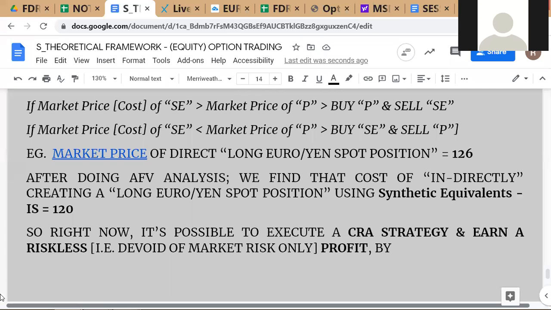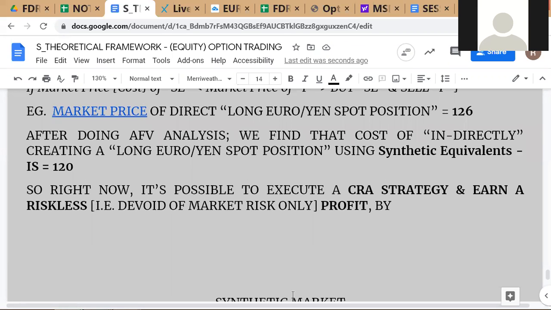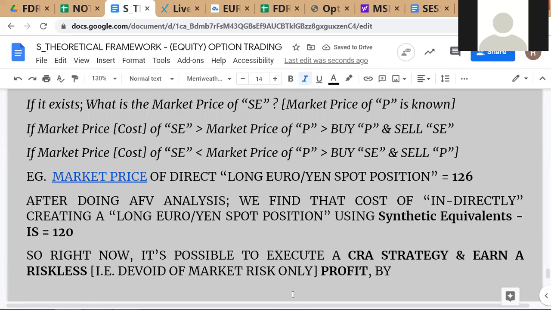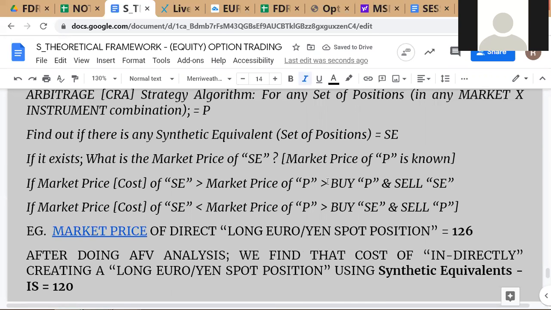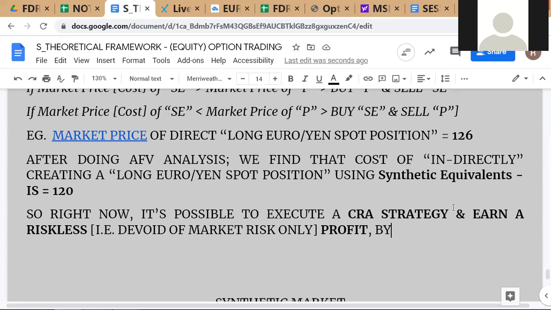So in this case, we execute this. We buy at 120 and sell the direct position at 126.